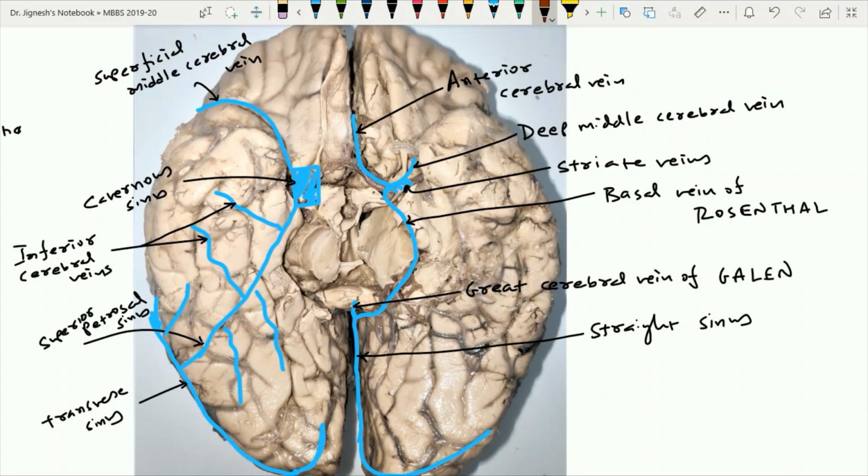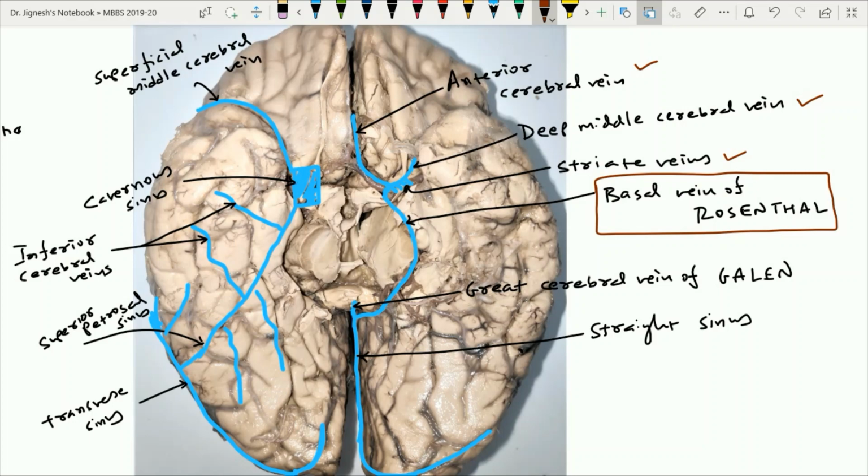So now let's see some other veins which drain the cerebrum, and one of them we have already discussed. This is the basal vein of Rosenthal, and it is formed by three veins. These are the anterior cerebral vein, deep middle cerebral vein, and some striate veins.